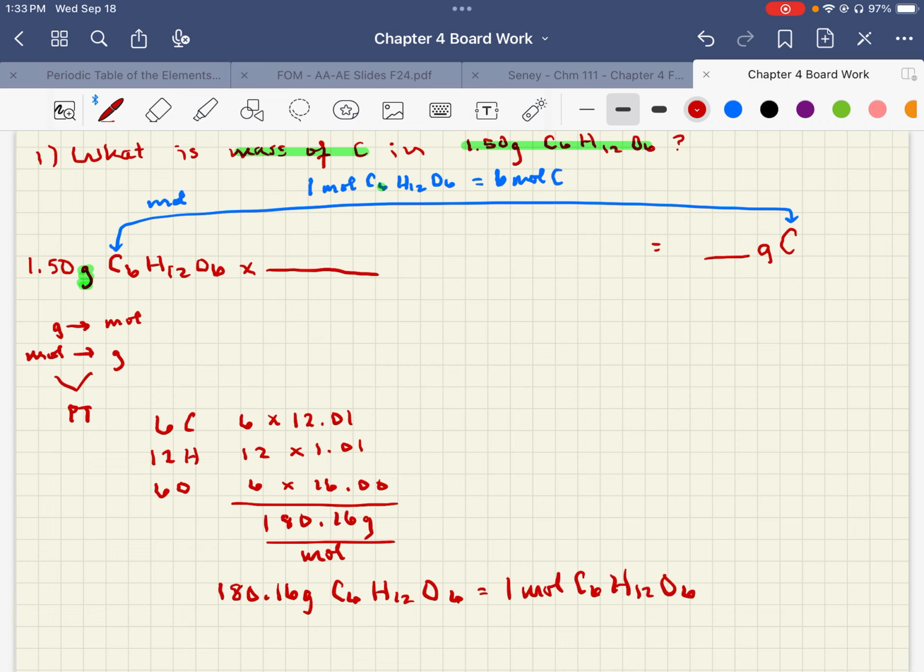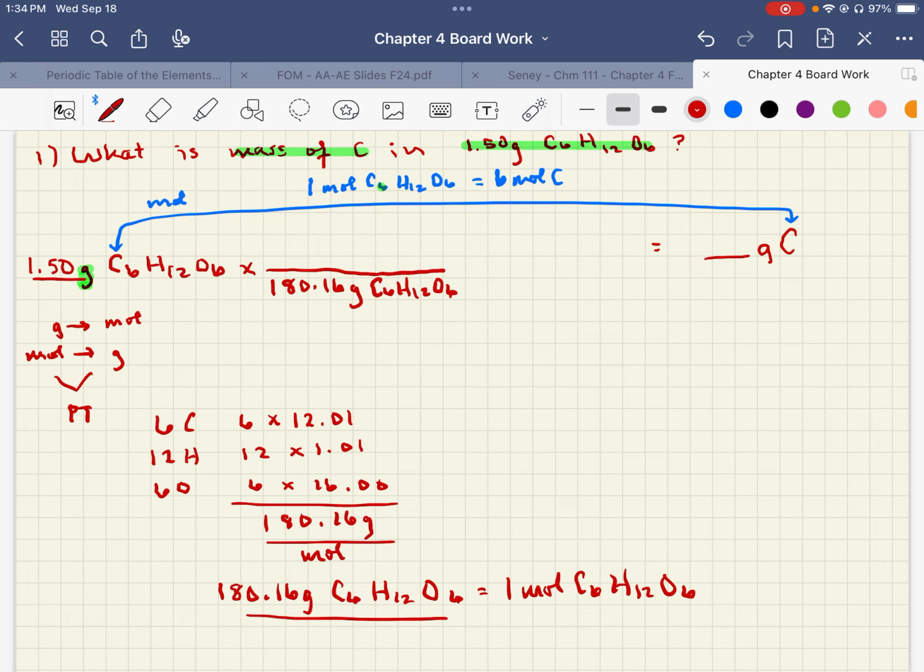In order to get grams to cancel and get to moles, whatever is on the top of the fraction, I also need on the bottom to cancel. So I would start by taking this 180.16 grams of C6H12O6, and it would be put on the bottom.